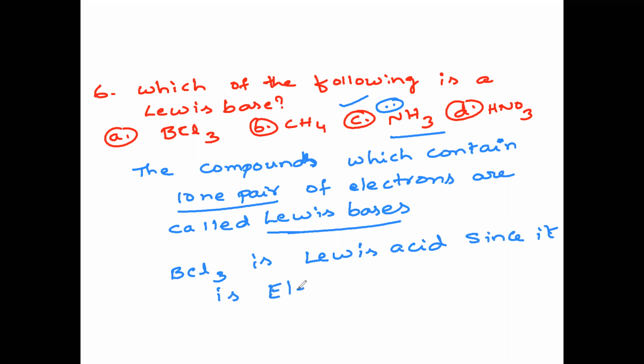And nitric acid is also called a Lewis acid. Methane is the neutral one.